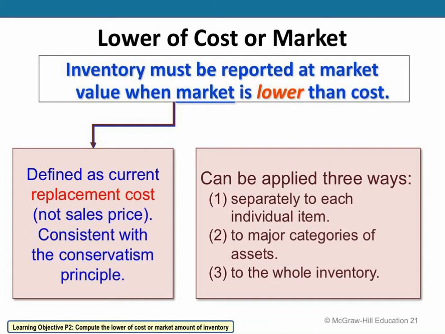But if we have an inflated number, if we have a higher cost on our balance sheet than what the replacement cost would be, what we could go out to the market and purchase that item for, then we're going to take an expense and reduce that inventory to that lower market value.